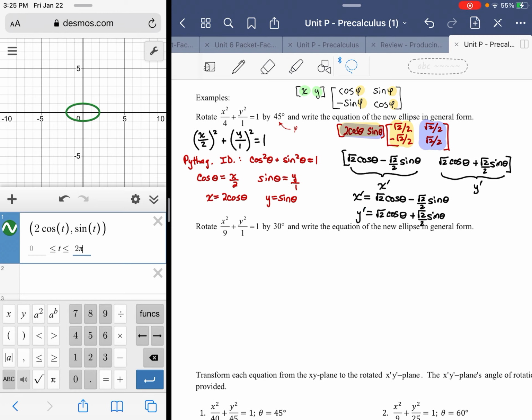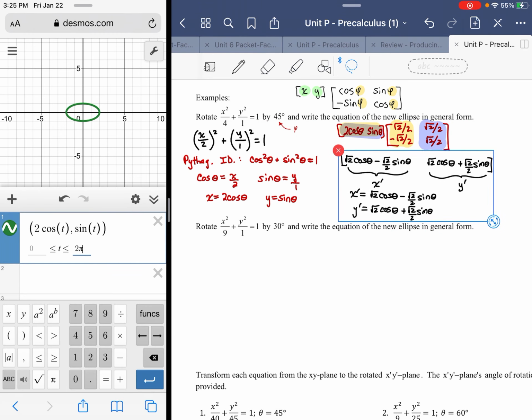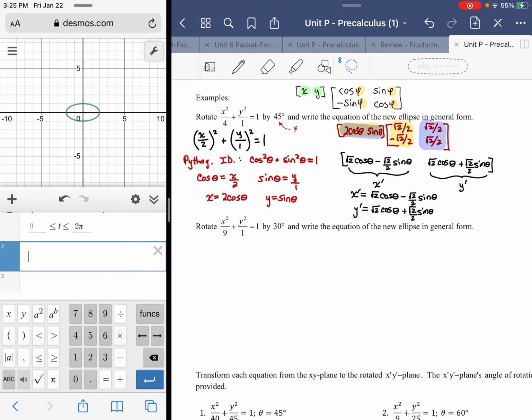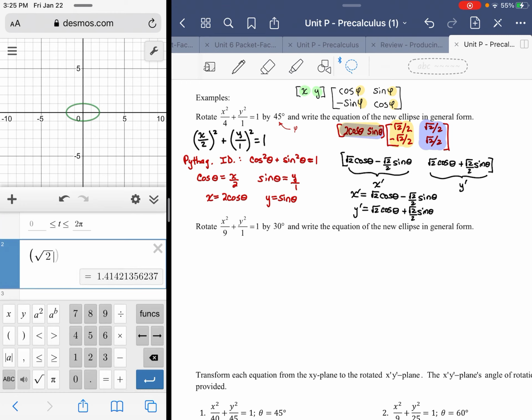All right. So to verify that this is correct, I'm just going to pop this right in and take a quick look. A little bit more typing.